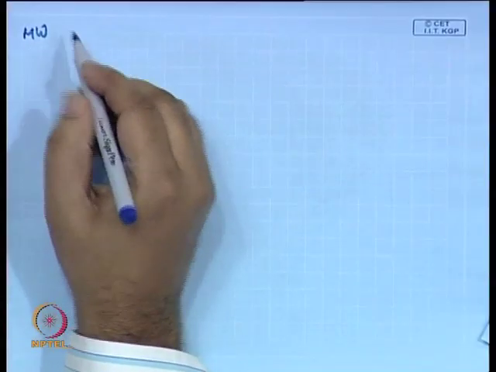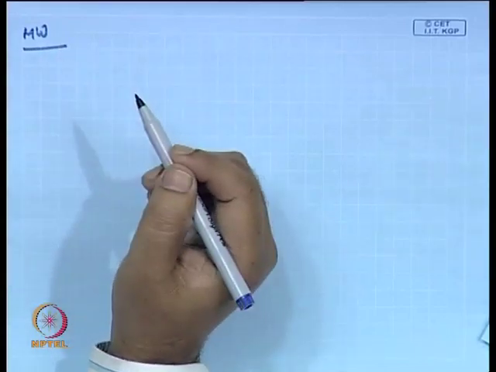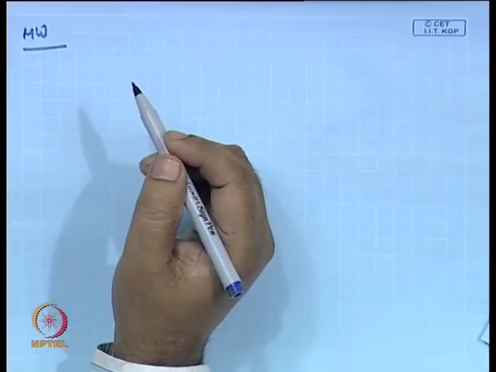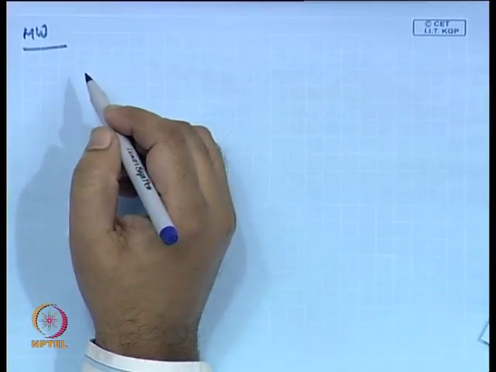So, we have now discussed the kinetics, the rate of reaction in case of anionic polymerization, and let us talk about the molecular weight of the resulting polymers in anionic polymerization.